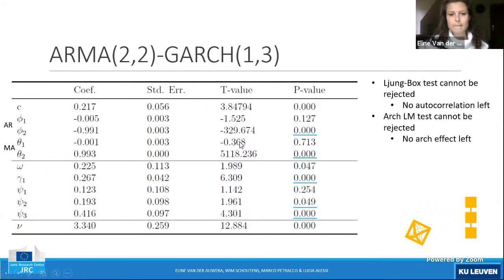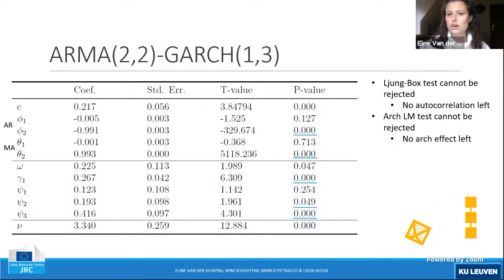volatile. Now, we wanted to know if this model was indeed correctly specified, and therefore we used 2 tests. The Ljung-Box test for autocorrelation has the null hypothesis that there is no autocorrelation left, and this hypothesis could not be rejected, so we assume that the model has no autocorrelation left.